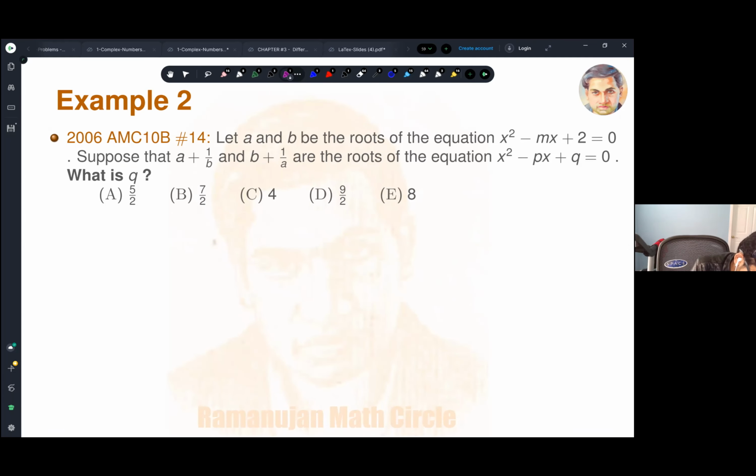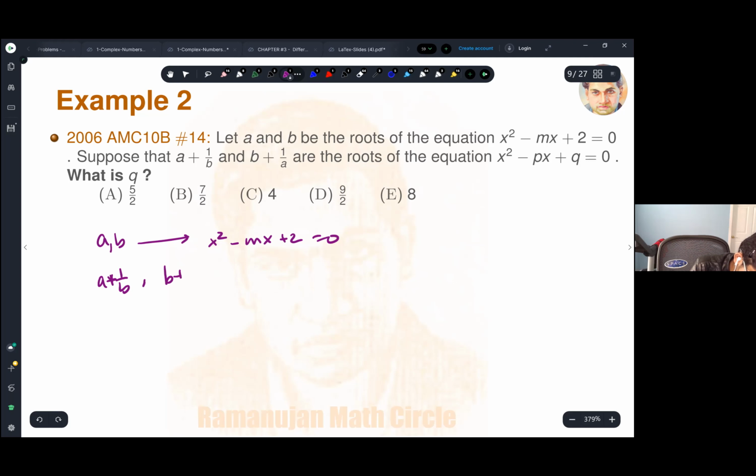So let a and b be the roots of x squared minus mx plus b plus 2, and let a plus 1 over b, and b plus 1 over a be the roots of x squared minus px plus q.